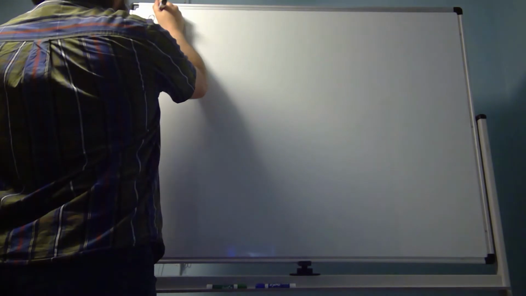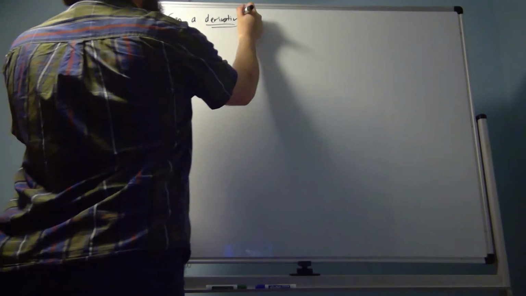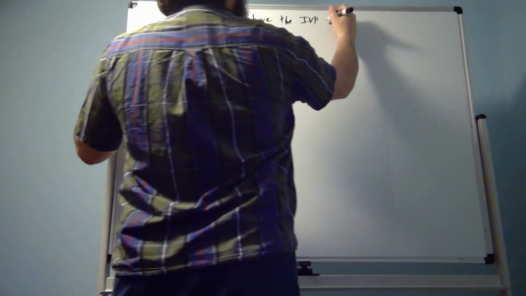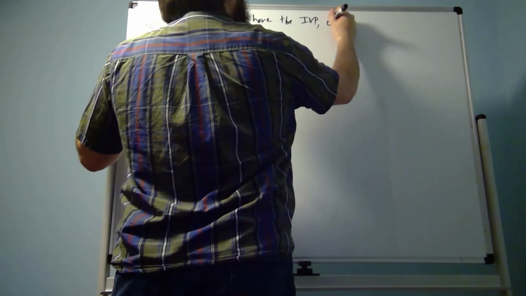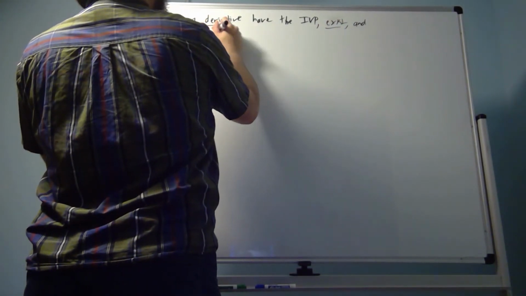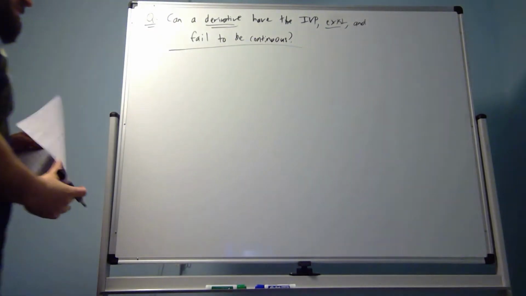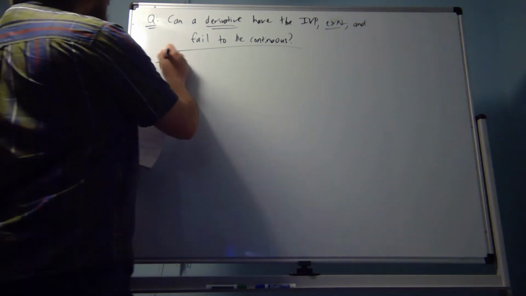I want to get us a little bit more practice with this. So can a derivative have the intermediate value property, but exist at a weird point where the derivative fails to be continuous? Let's try this first.